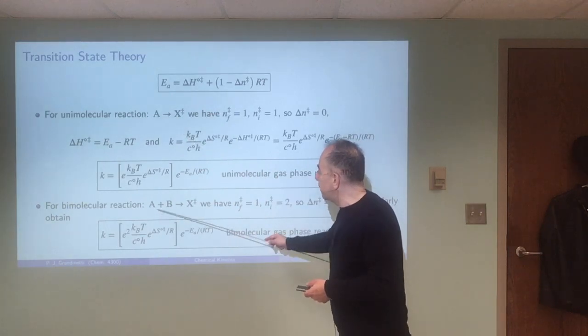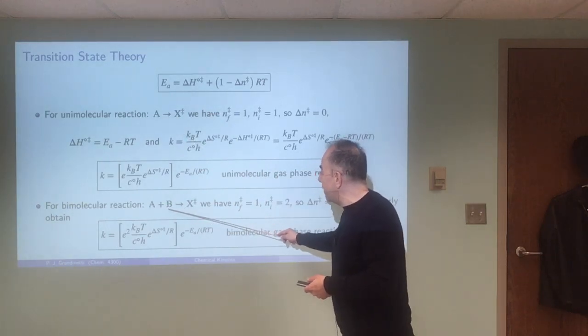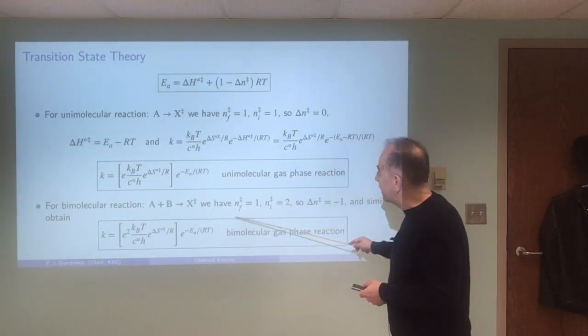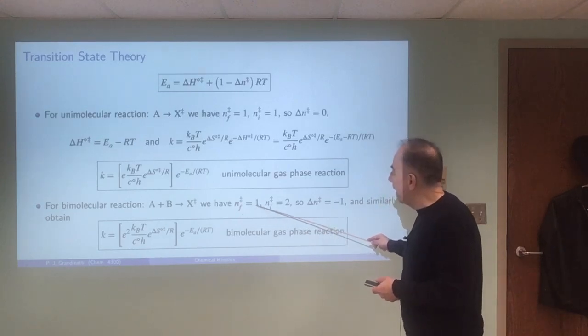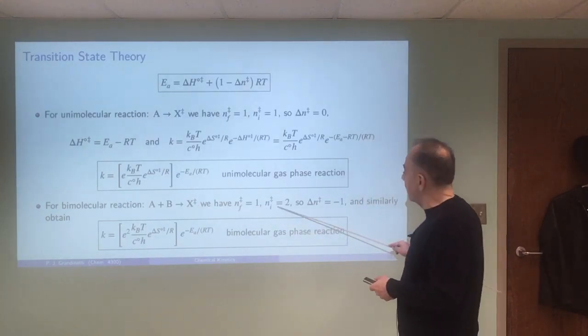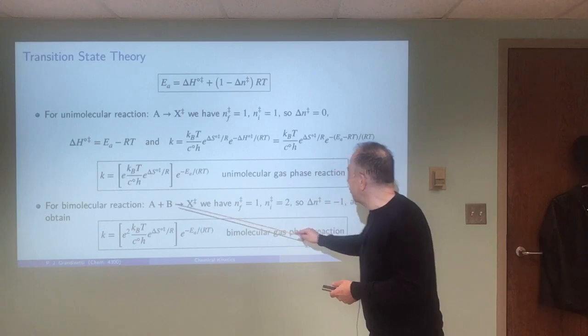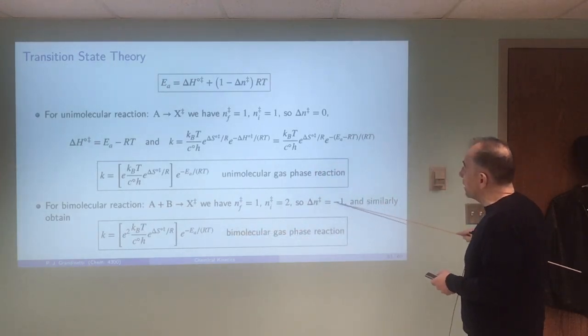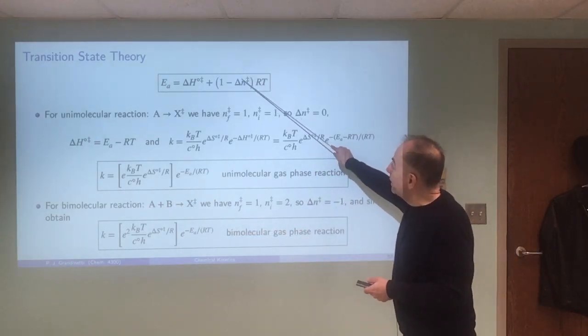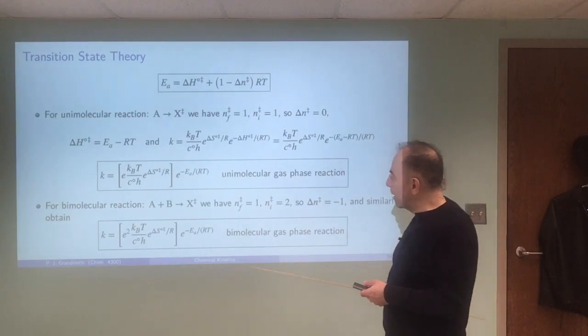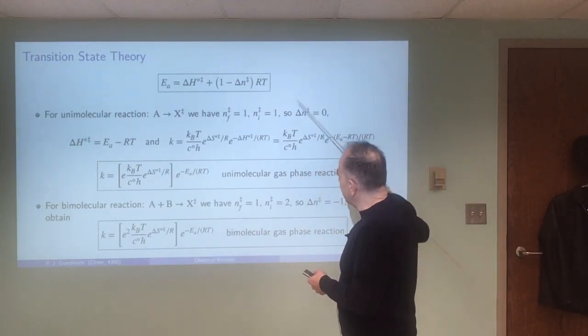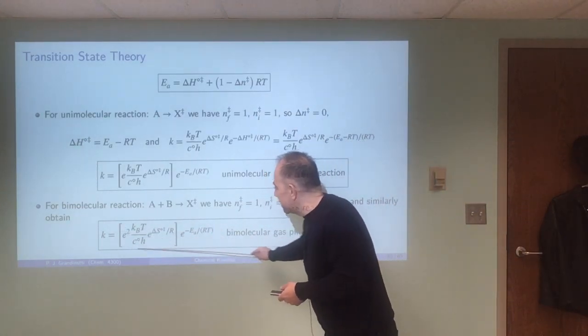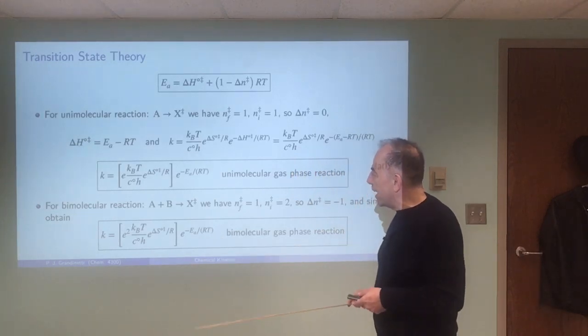So this was unimolecular. If we do bimolecular, A and B come together to form a transition state, then you see that N final is 1, N initial is 2. So delta N is minus 1. Put that minus 1 in up there, and you'll have an expression for delta H. Work through these same steps, and you'll get this expression for the rate constant.